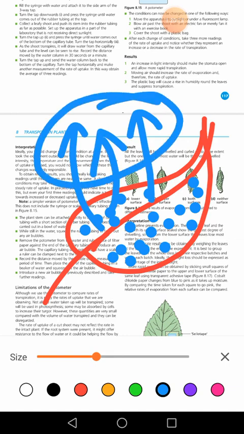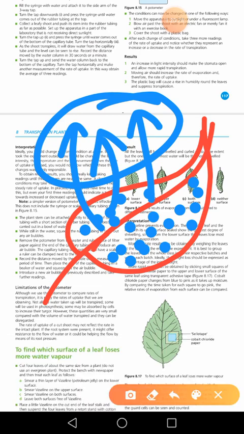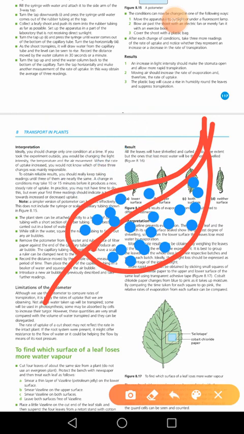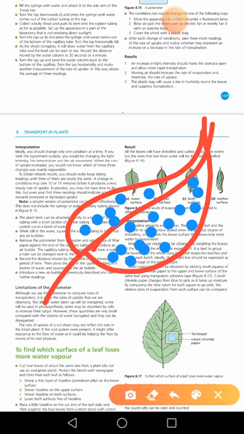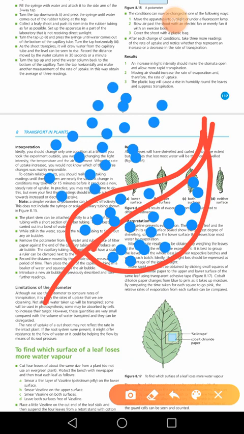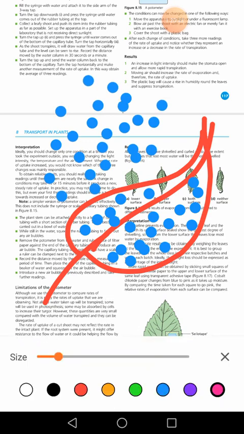Now let's look at the structure of the guard cell and the details of stomatal closure and opening. So a guard cell actually has two different thicknesses of cell wall like this. The inside part is very thick.